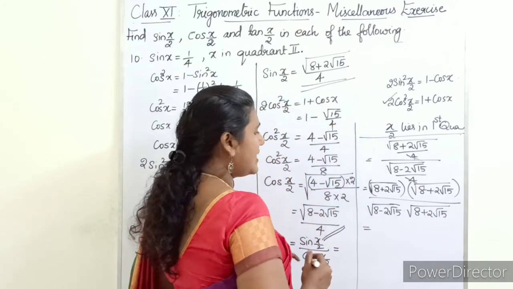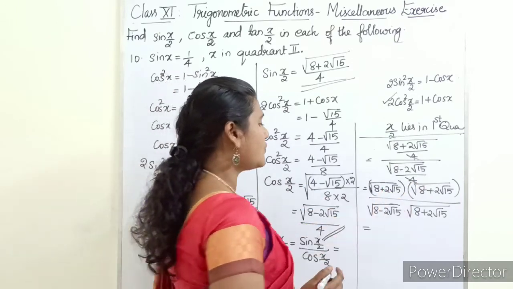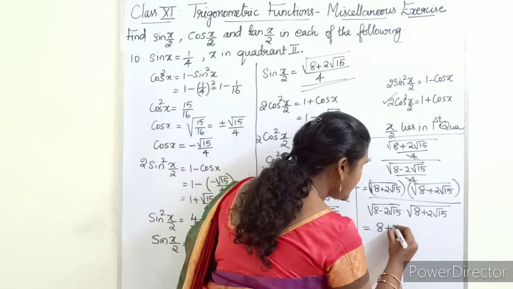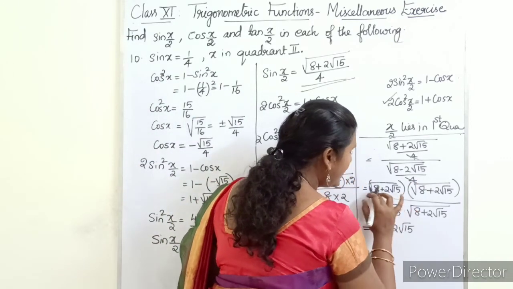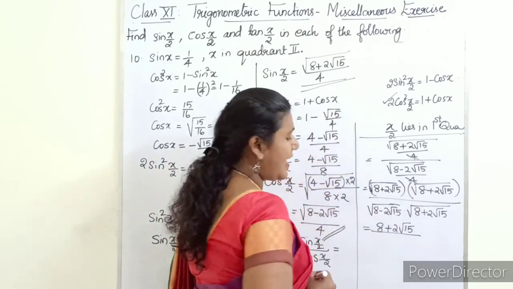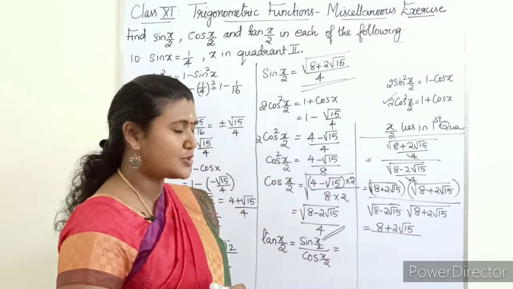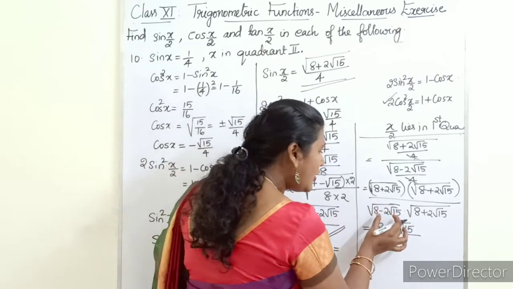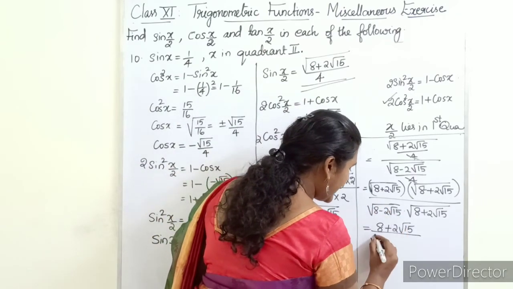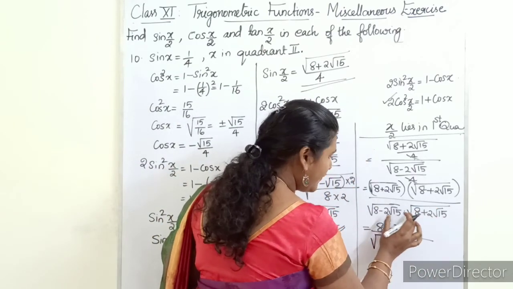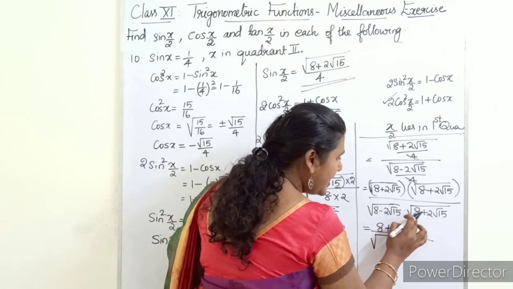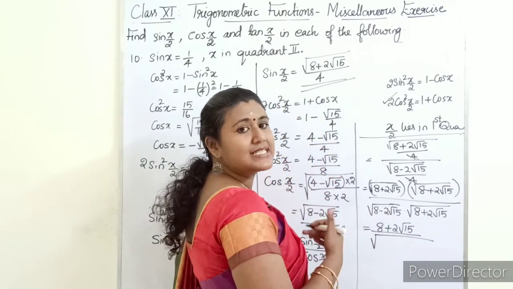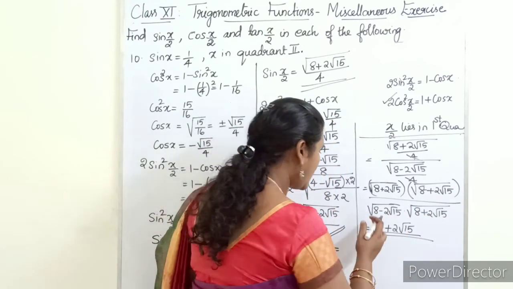Now if you see here, when you multiply these two in the numerator, the square root will get cancelled and you will have the numerator as 8 plus 2 root 15. And for the denominator, if you simplify, we take the square root common for both: (a minus b) into (a plus b), that is a square minus b square.